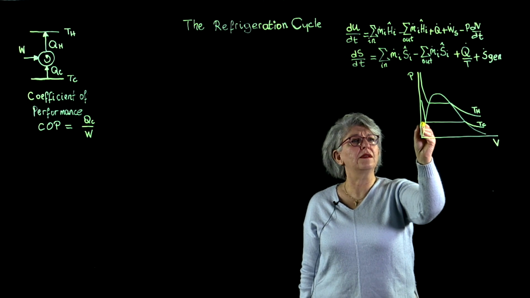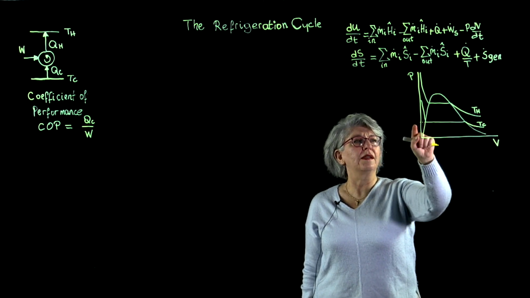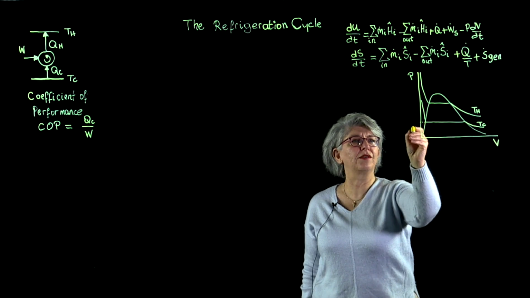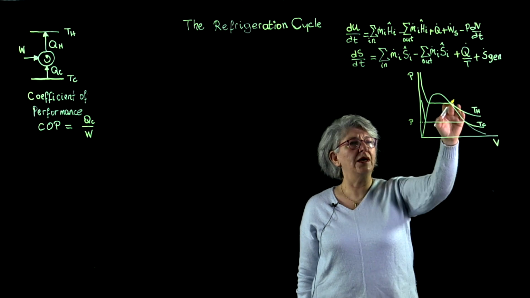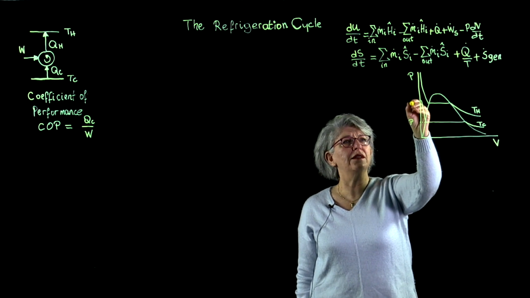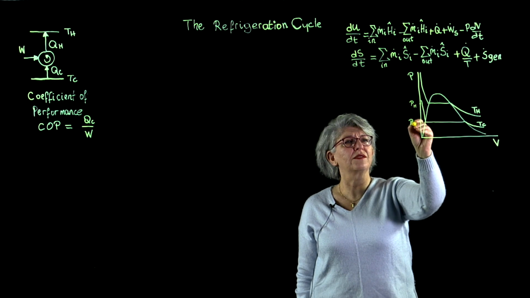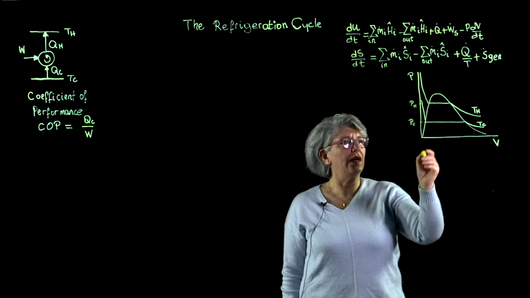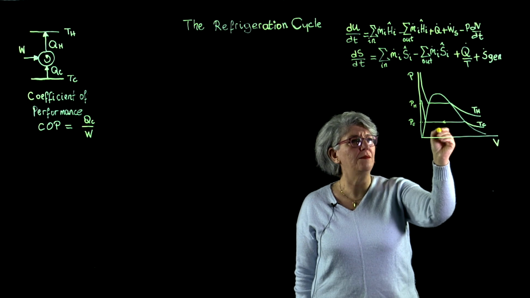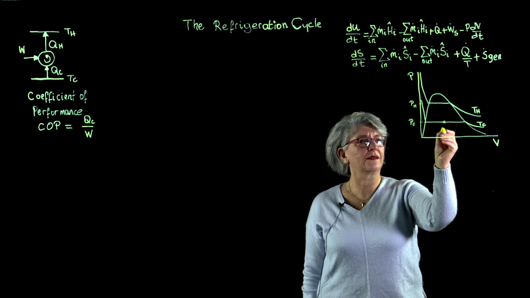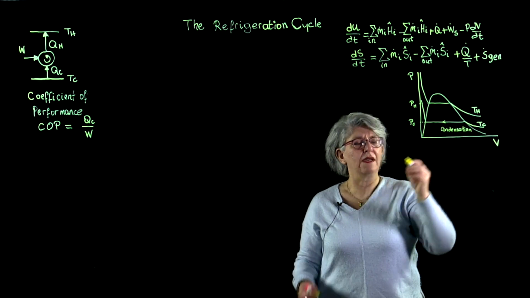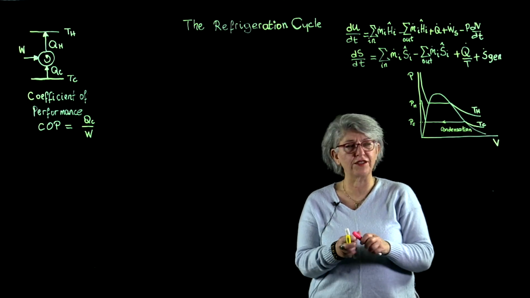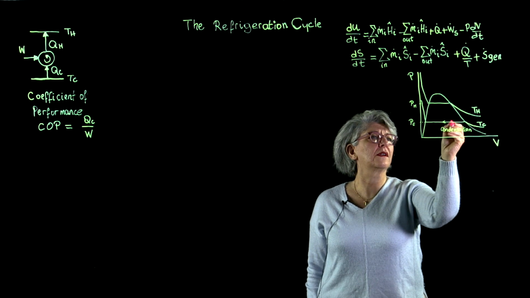As you see, the lower temperatures require lower pressures to boil or condense. Higher temperatures require higher pressures to boil and condense. If I'm moving in this direction, I'm condensing. If I'm moving in the opposing direction, I'm boiling.